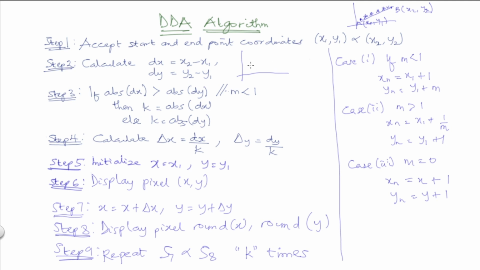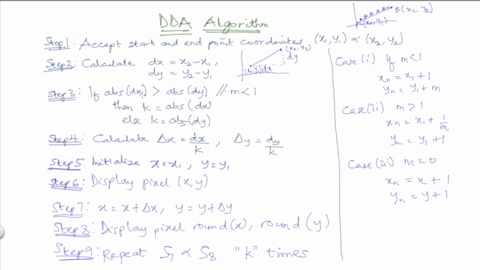So for instance, if we have the first point being here, the second point being here, this will be our dx, this will be our dy, and if these are the coordinates for the points that have been given, x1, y1, this is our dx, this is our dy. So we first of all calculate dx, which is equal to x2 minus x1, and dy, which is going to be y2 minus y1.